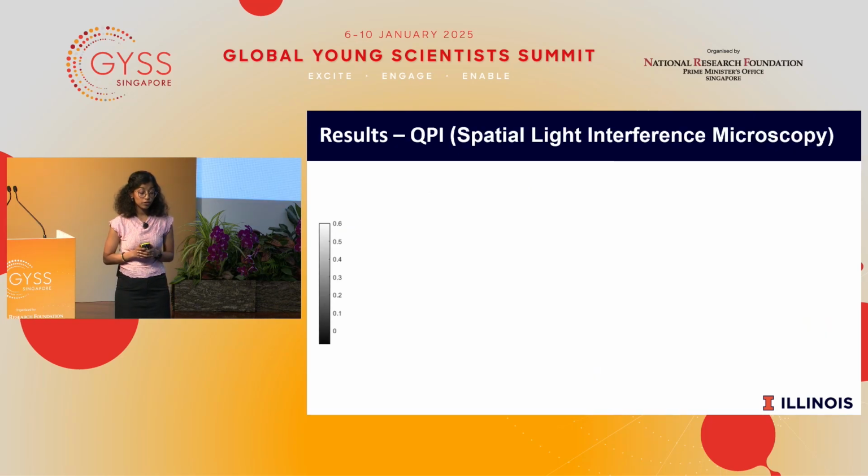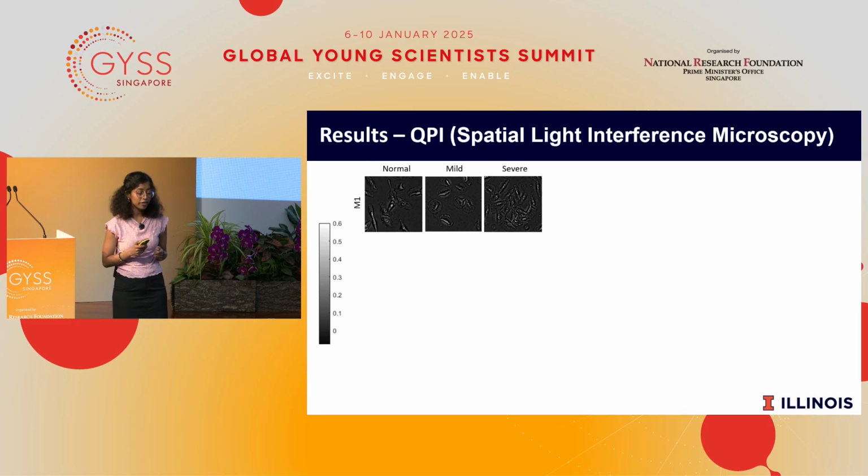What we did was to analyze these samples using spatial light interference microscopy, which is a type of phase imaging that is quantitative, which allows us to look at the changes in the refractive index of the sample. When we looked at M1, we saw that the shape of the cell significantly changed to become more circular and more spread out.